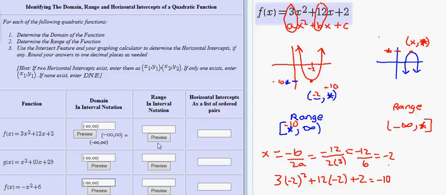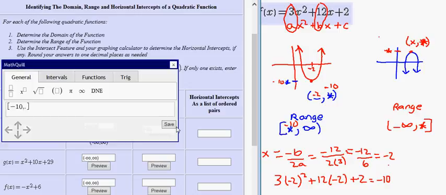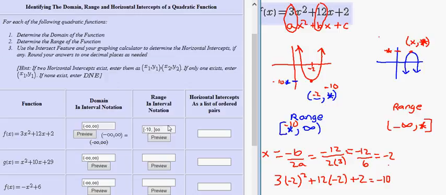So I go over here and type a left bracket, which is the key just to the right of the P on the keyboard. Negative 10, comma, and then the easy way for me to get an infinity is just to use 2 lowercase o's. The other way is if your instructor has the math quill feature on, you can click that, click on the infinity, and hit save, and it should work.